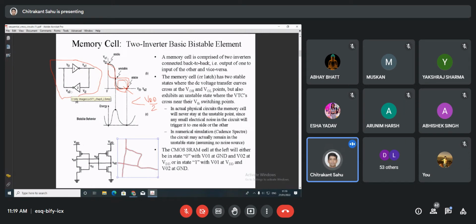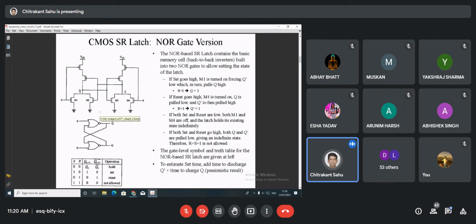We are talking about SRAM only. So SRAM, how can the information be stored? The basic building block behind the SRAM is this block only. Okay. So now we'll go to talking about the SR latch.